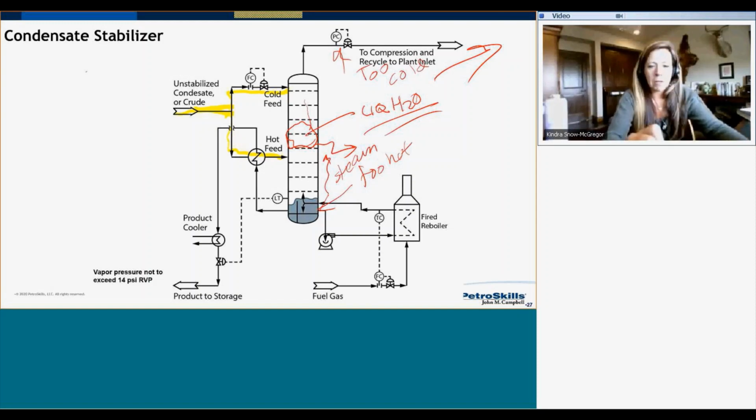So really understanding if I have a situation like that, certainly I need to know where that water is going to appear, because I need to build those water draw-off trays before the column. It needs to be part of that column design. Once the column is built, that's a very difficult modification to make in the field.